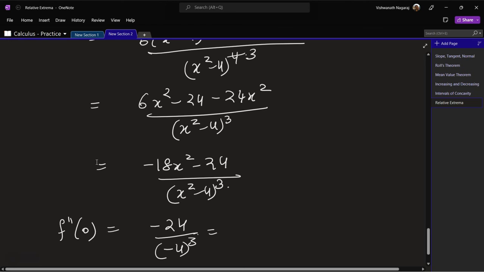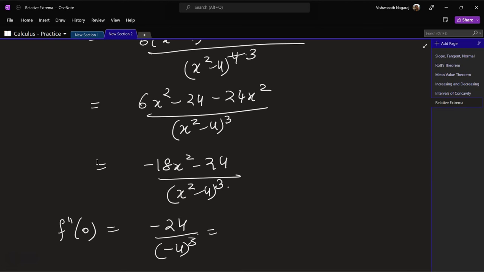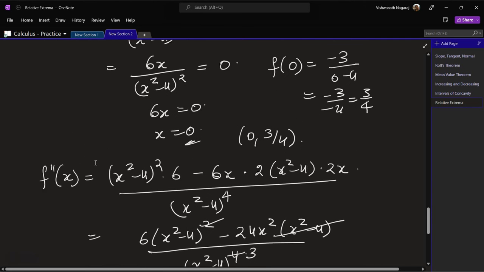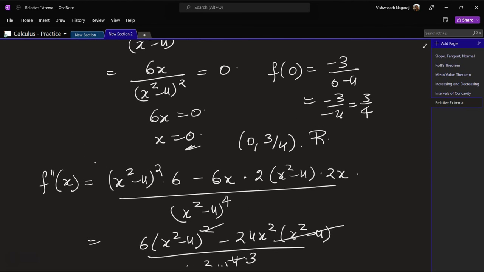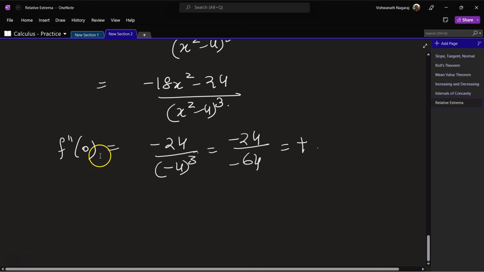This becomes 0, minus 24, and 0 minus 4 is minus 4 cube, which gives us minus 24 by minus 64, which gives us plus. So therefore, this is a relative minimum.